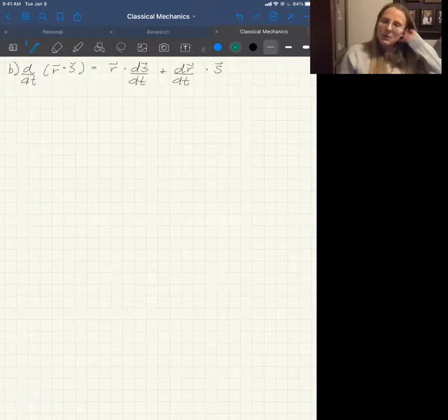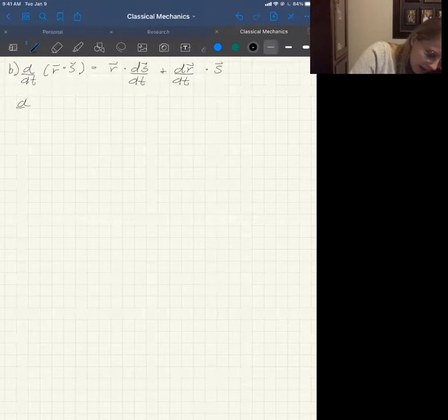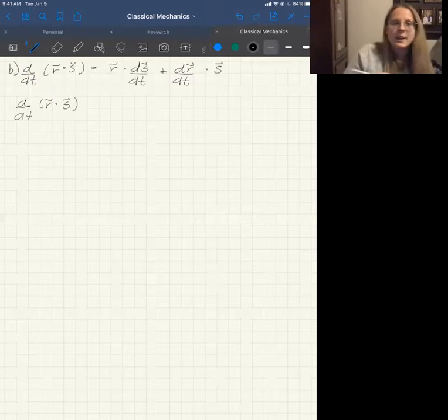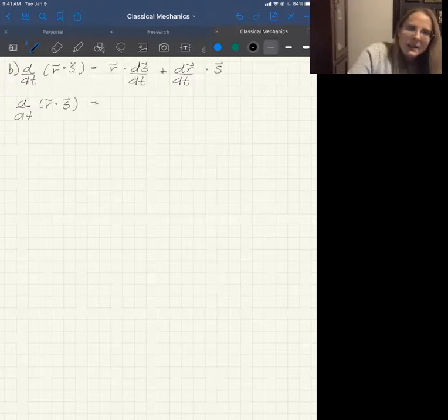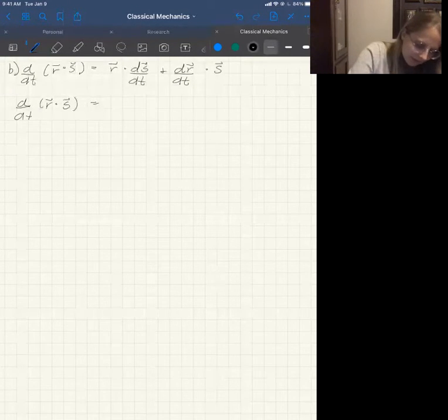Part B wants you to prove that the product rule also holds for the dot product. Similar to what I did with part A, I'm going to start with the left-hand term and prove that it's equal to the right-hand term. You could also do this backwards by starting with the right-hand term and showing that it equals the left-hand term. Just like I did with the first one, I'm going to rewrite this in terms of vector components.